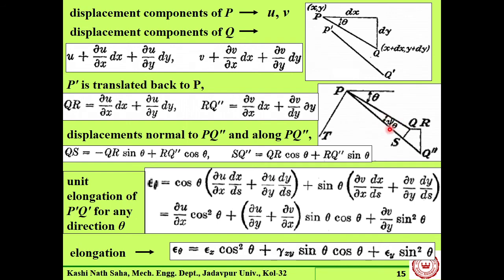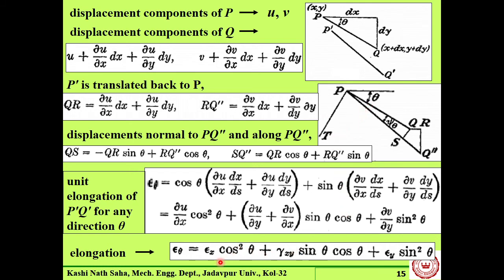Now, it is not directly a measure of psi of theta. What we have to measure is the change of the angle between line PQ and another line PT, which was perpendicular in its original configuration. Clear? What is the angle of this line PT? This reference angle theta is now pi by 2 plus theta.